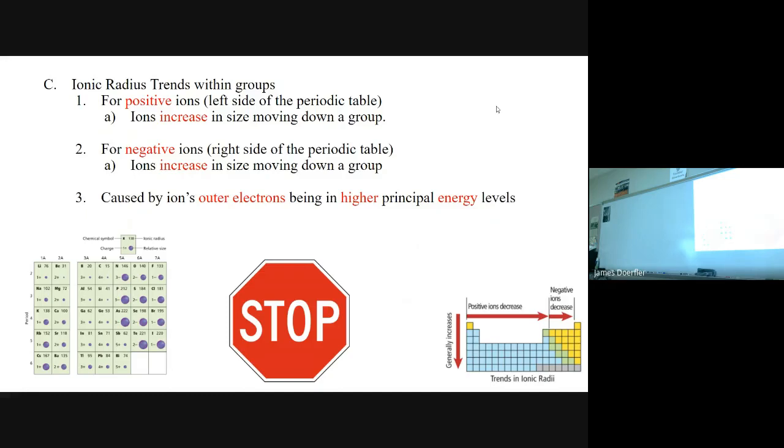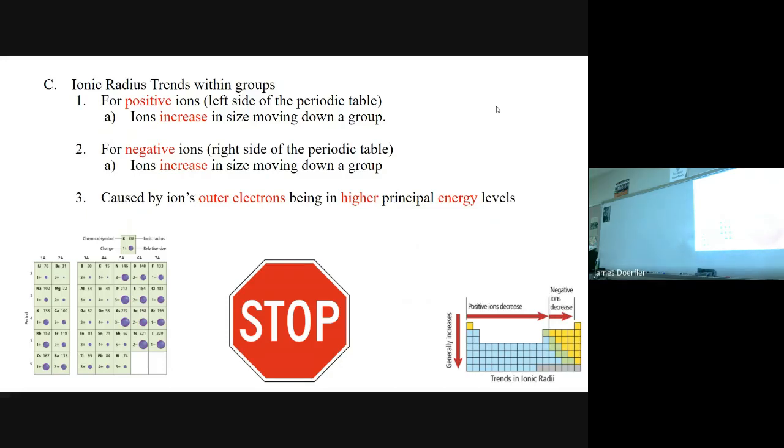So far we've discussed atomic radius and ionic radius trends within the periodic table. By looking at that, we could predict.